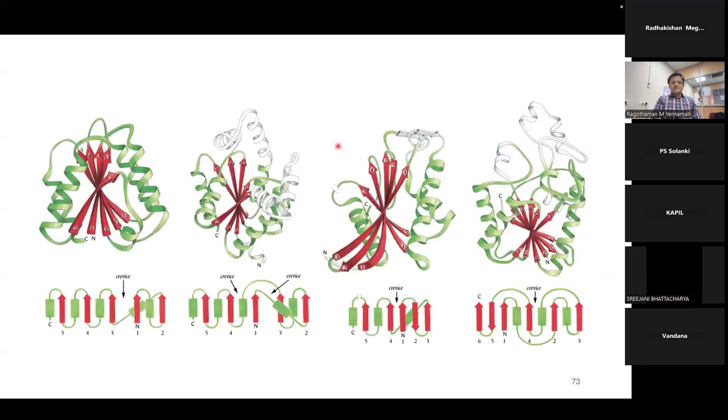Now this crevice, for example in this particular place, all these crevices, wherever you see this arrow, are the functional region of that domain.